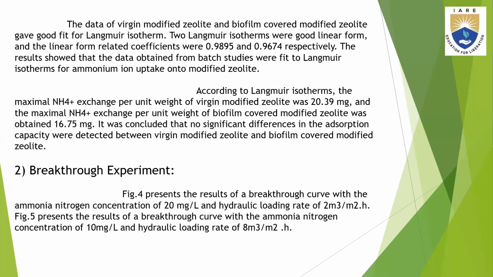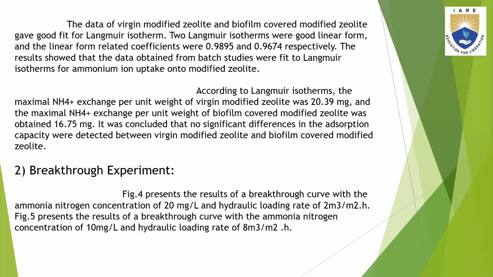According to the Langmuir isotherms, the maximal NH4+ exchange per unit weight of virgin modified zeolite was 20.39 mg, and the maximal NH4+ exchange per unit weight of biofilm covered modified zeolite was 16.75 mg. It was concluded that no significant differences in the adsorption capacity were detected between virgin modified zeolite and biofilm covered modified zeolite.